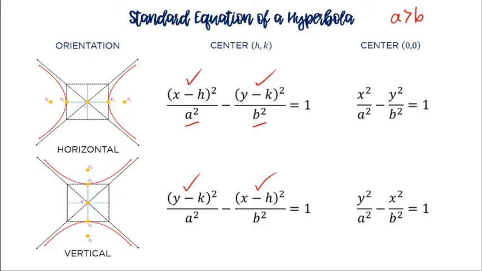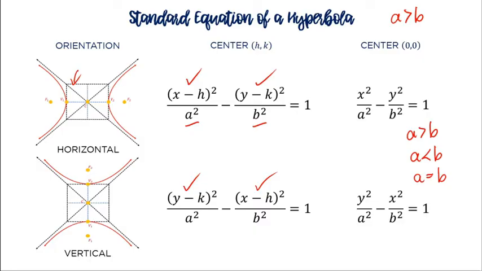Si A could be greater than B, A could be less than B, or A could be equal to B. Kasi mamaya makikita nyo na yung A and B natin may kinalaman yan sa auxiliary rectangle natin. Okay? So, yung A and B pala may kinalaman yan sa dimensions ng ating auxiliary rectangle.